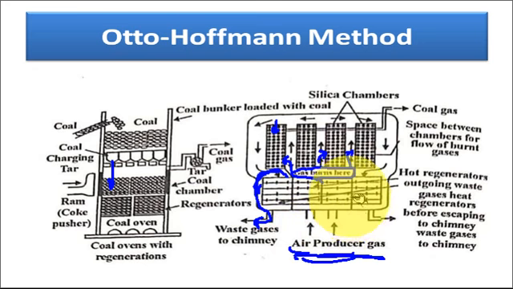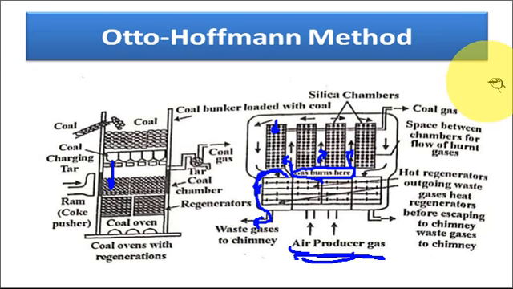So now the checker bricks are heated. Clear? Due to the combustion of the producer gas, silica chambers are heated, and at high temperature the coal present in the silica chamber undergoes the carbonization process, and formation of coke starts.